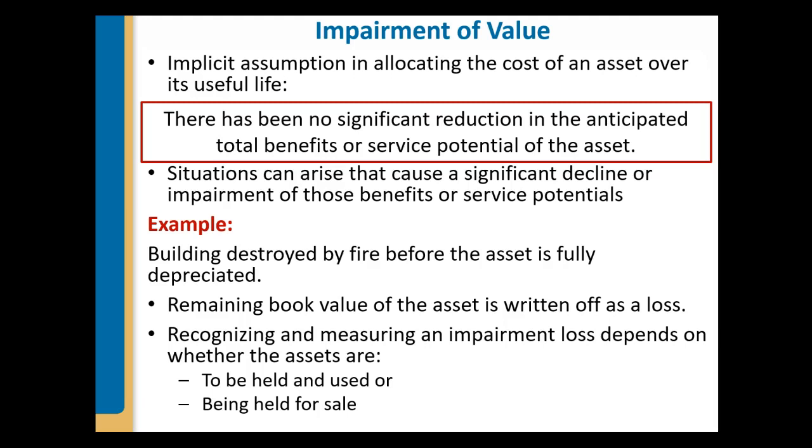Sometimes the impairment of future value is more subtle. The way we recognize and measure an impairment loss differs depending on whether the assets are classified as held and used or held for sale. Accounting is different too for assets with finite lives than for those with indefinite lives.